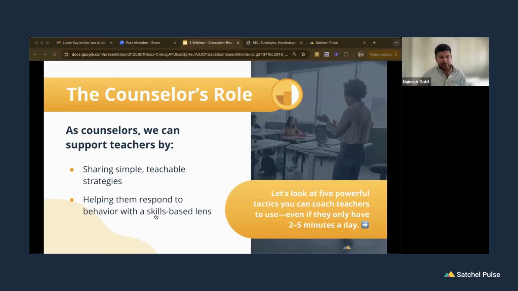They're the ones that can really make a difference outside of the work we can do with the limited resources and time that we have. So we're really going to encourage counselors today to see themselves as SEL coaches and walk away from today's session with some tactics on how they can support their teachers.